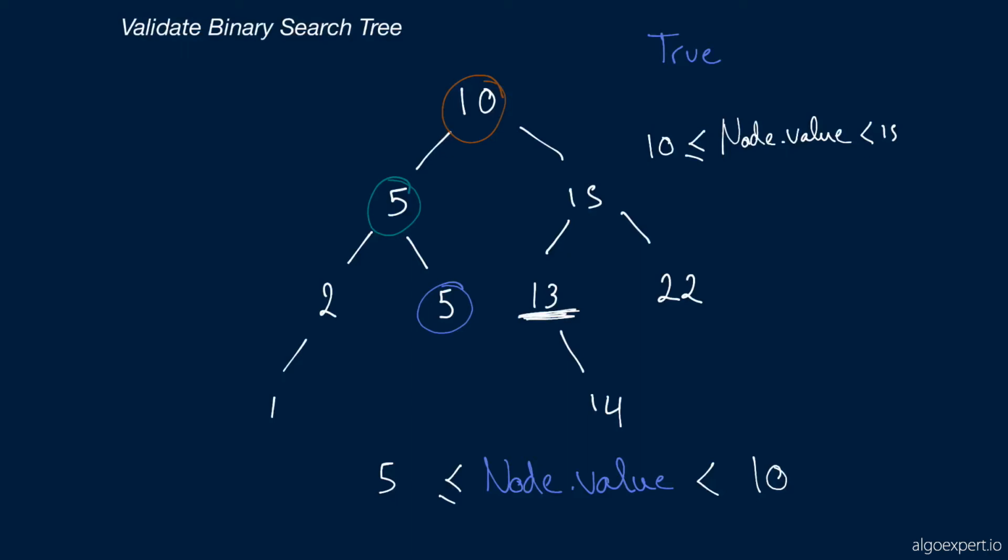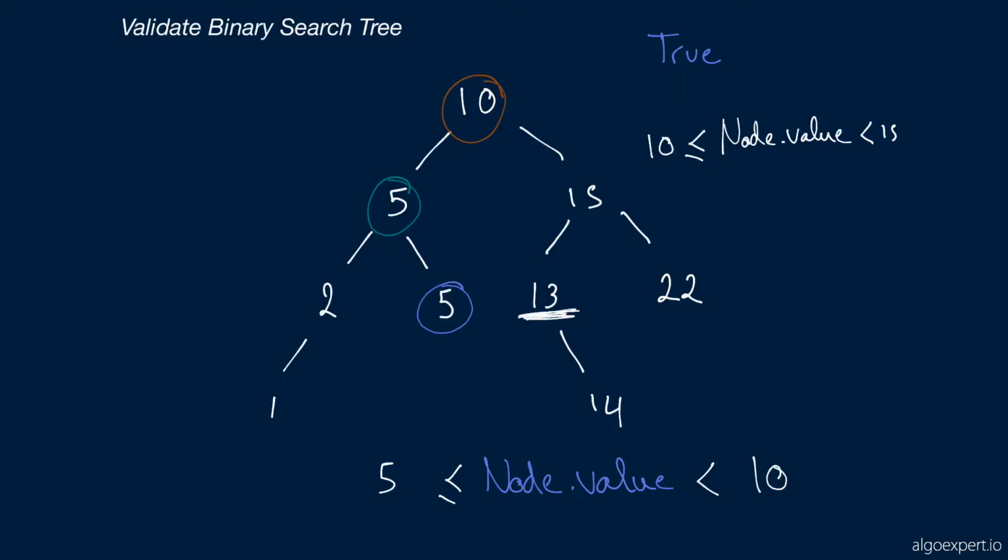And so then, for each node, we check, does the value of our node fit between our minimum value and our maximum value? At the beginning, 10, or whatever value we have in this root node, is always going to be greater than negative infinity and less than plus infinity, right?